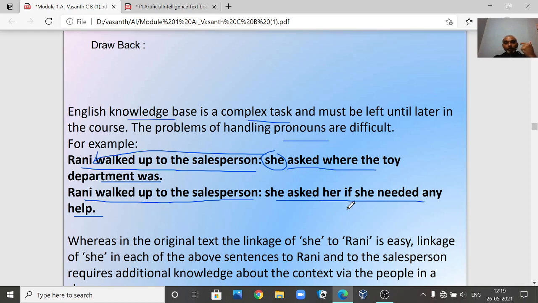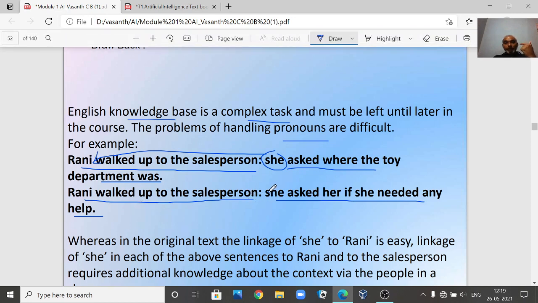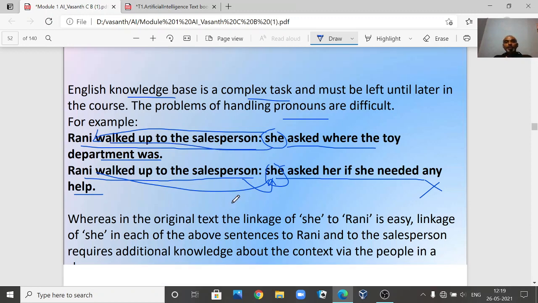Now similarly, if you take this particular sentence and replace this she with Rani, then this becomes wrong. Here you see what this statement is telling: she asked her. Here, for the salesperson we are using the pronoun she, and here it is used for Rani. See, this is the complexity involved here.